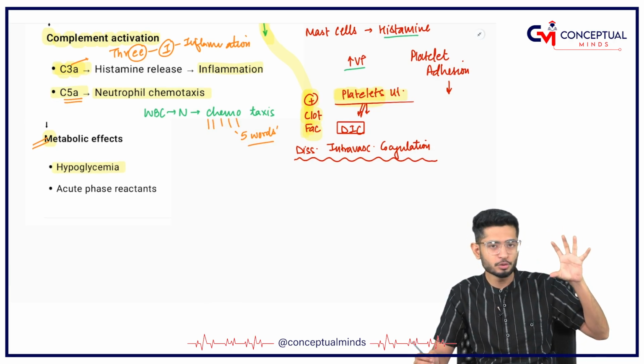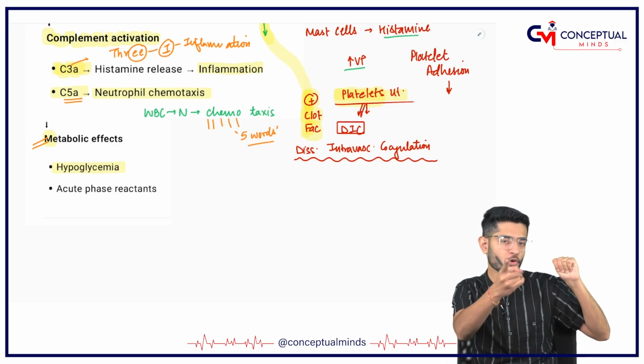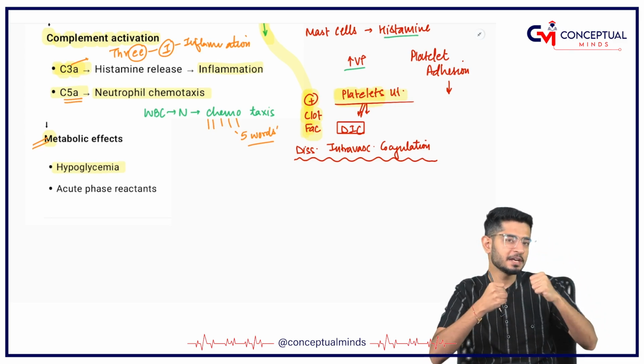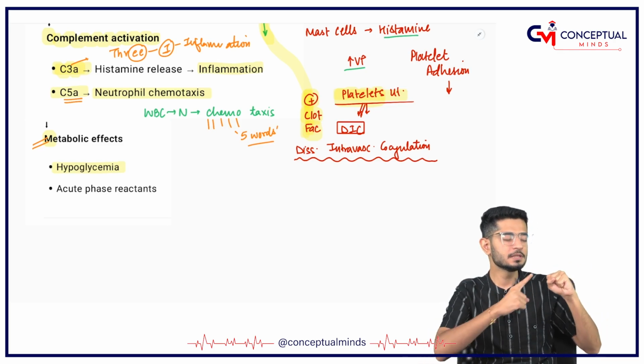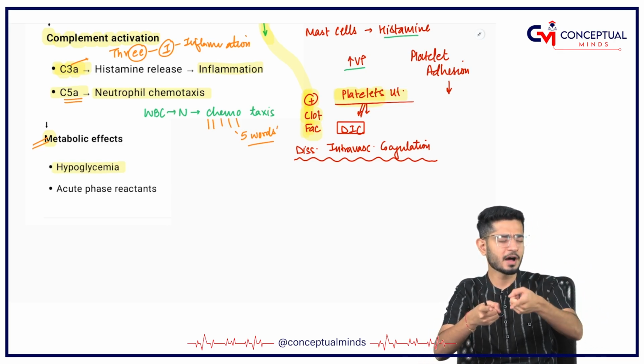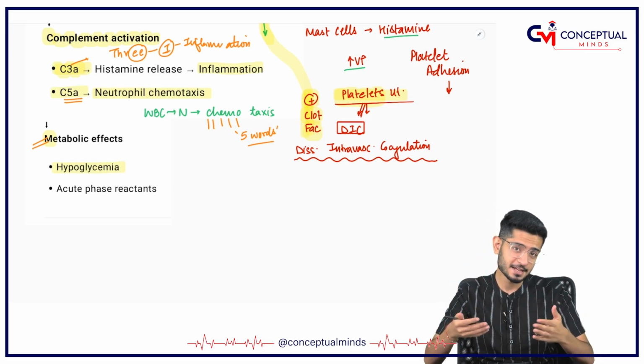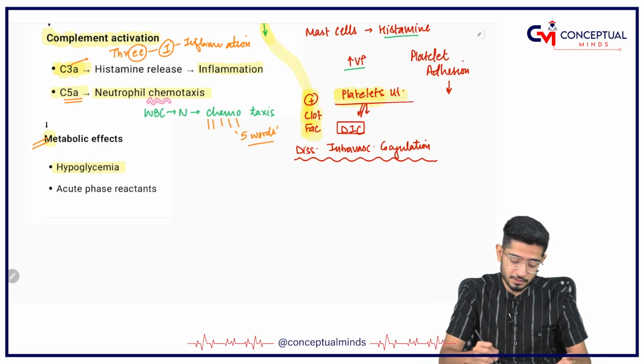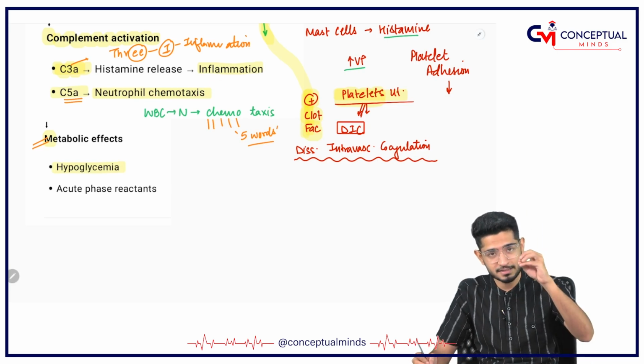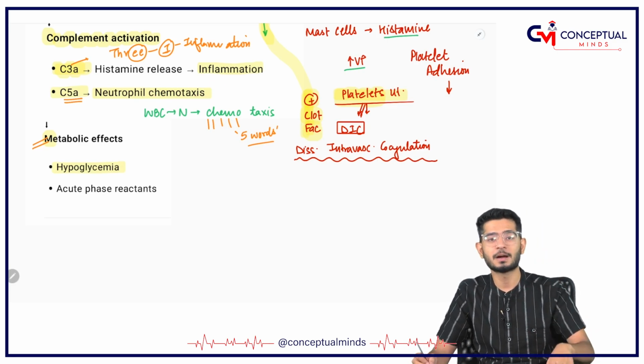So the neutrophil, the WBC, is going to the site where the fight is going to happen. WBCs go to the site with the help of chemotaxis, to fight with the bacteria.